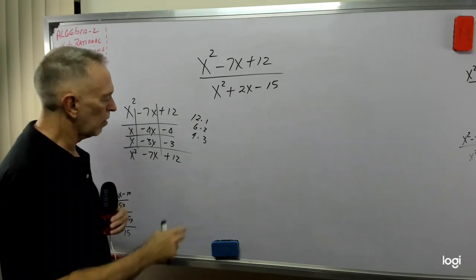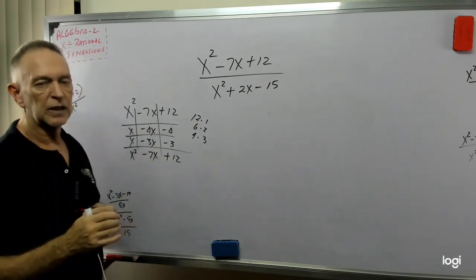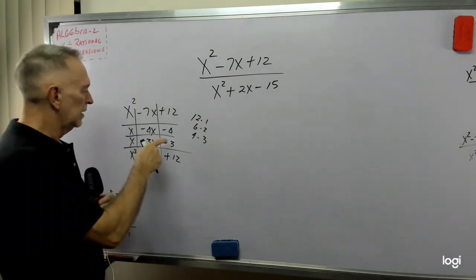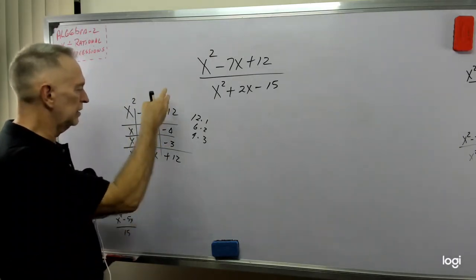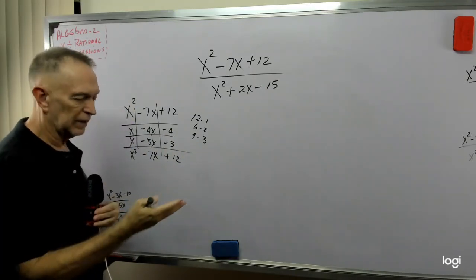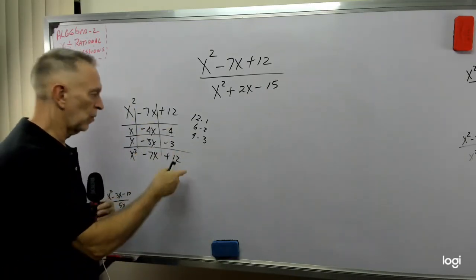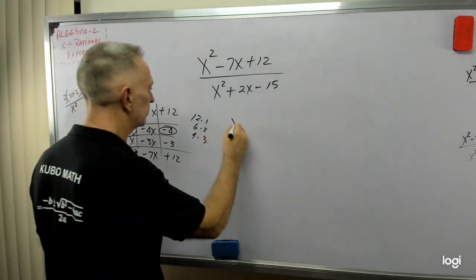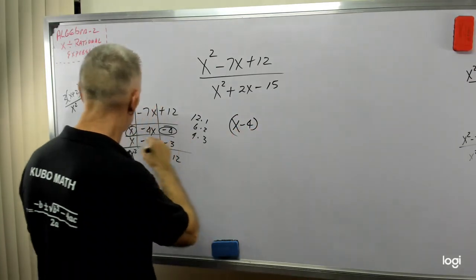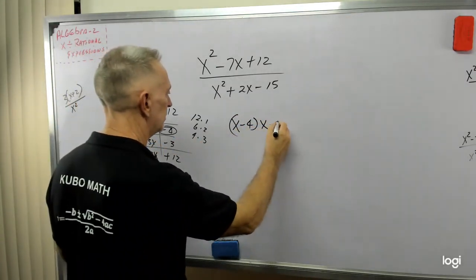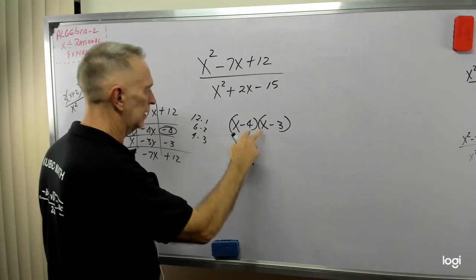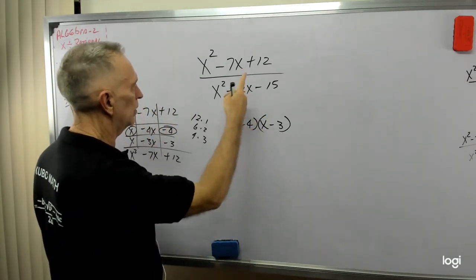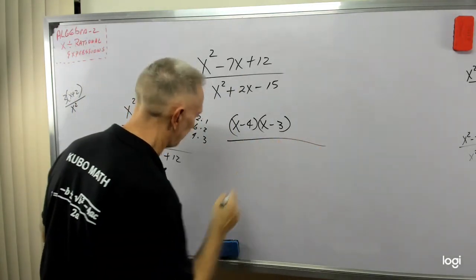I always walk back through this exercise, even though it may seem somewhat mundane, in that it just assures me that the simple math that I've just performed is in fact correct. So now I end up with x minus 4 times x minus 3. So x squared minus 4x minus 3x is minus 7x plus 12. All right, that's my numerator.